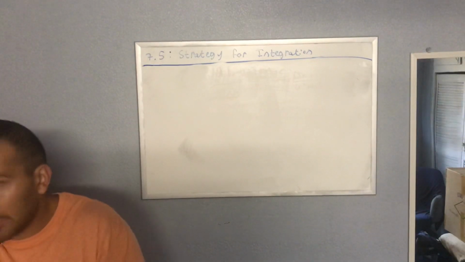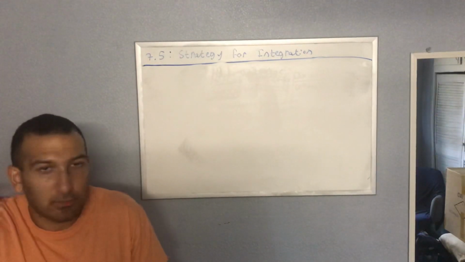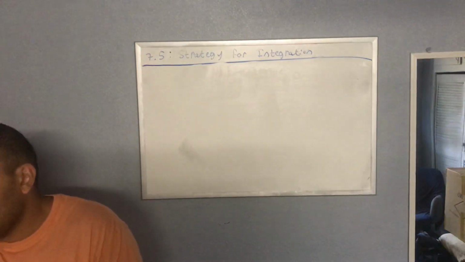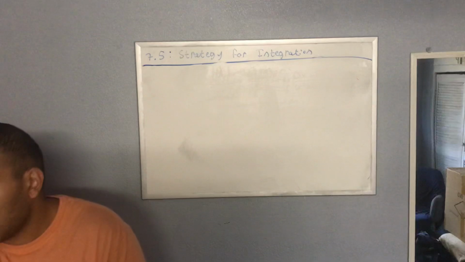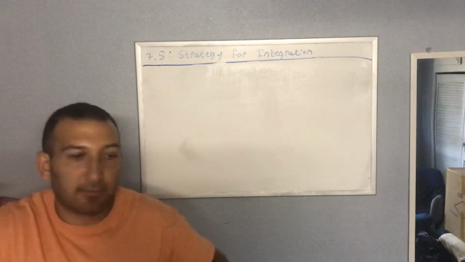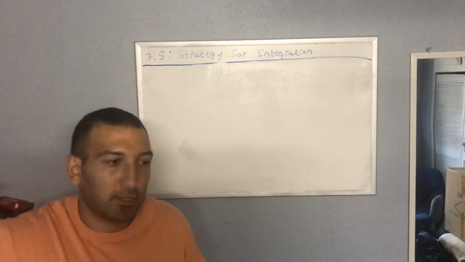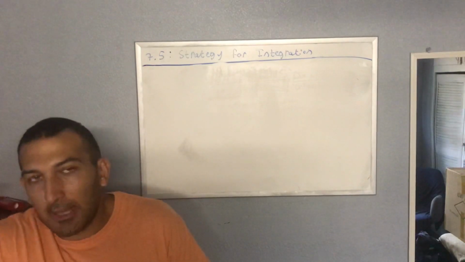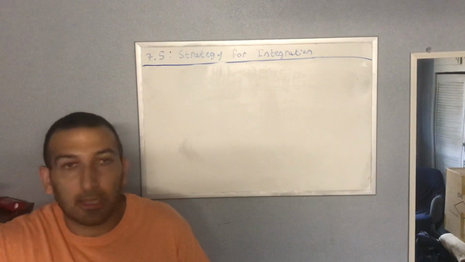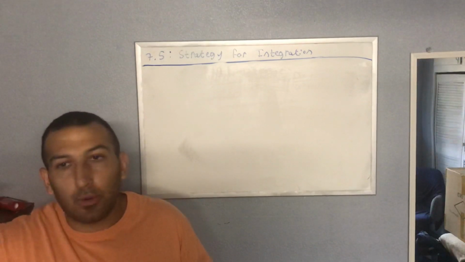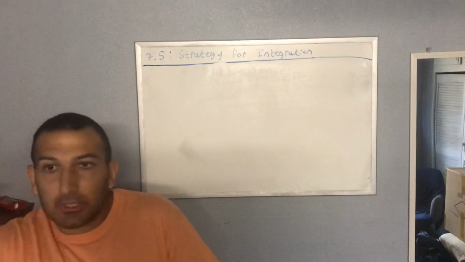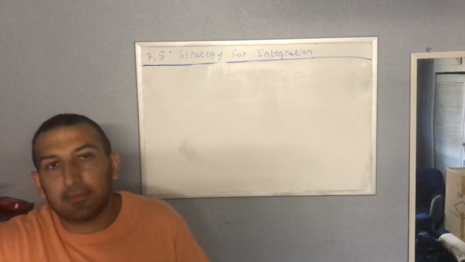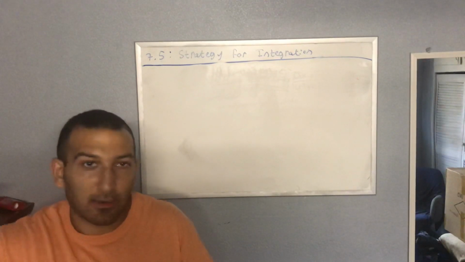Step 2 says try a u substitution. Try making a substitution that works. And then if that doesn't finish it immediately, it turns it into another form, then you may have to think about applying some of the other techniques we know, like integration by parts, or if the substitution didn't work, then maybe you need to classify it in terms of the types of integrals that we developed here.